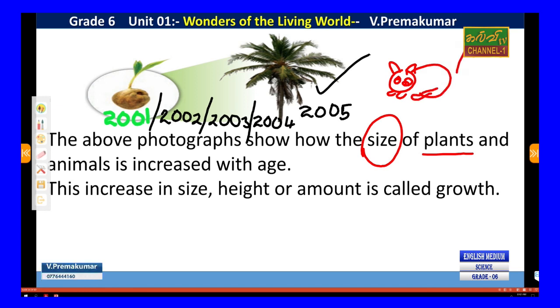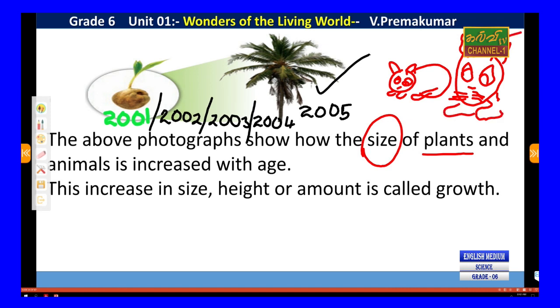Then the biggest one, big cat is there. This is big cat. So what is going?